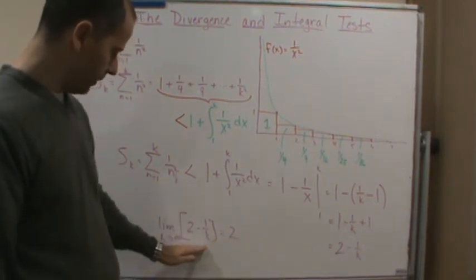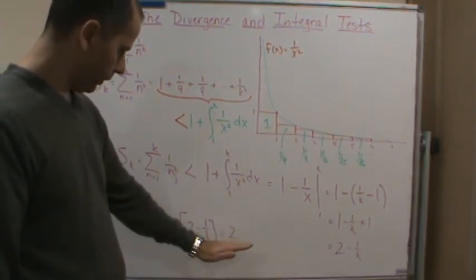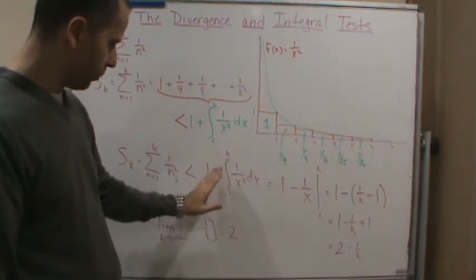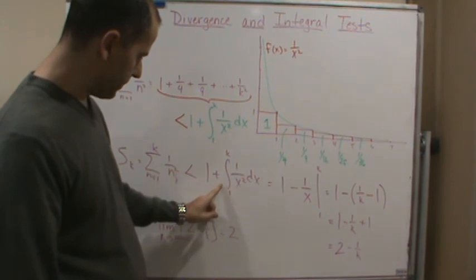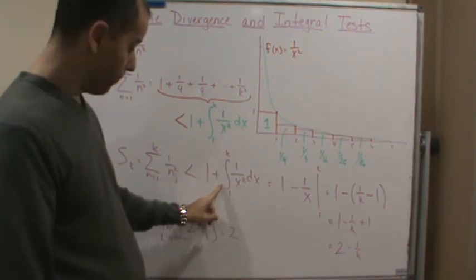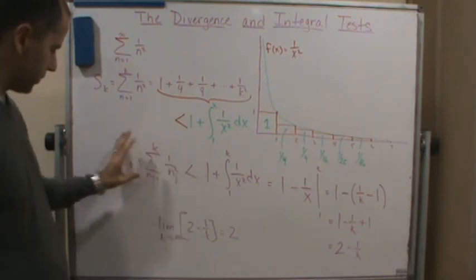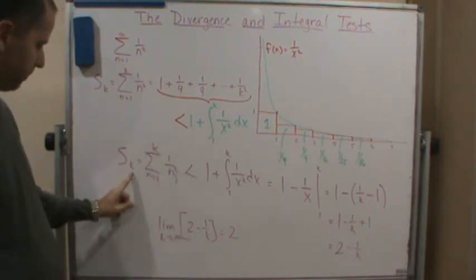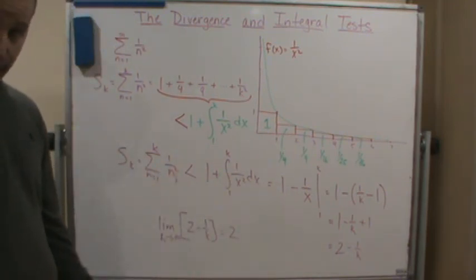The limit of this integral as k goes to infinity is equal to 2, and the sequence of partial sums for all k is less than 2. Therefore, it converges.